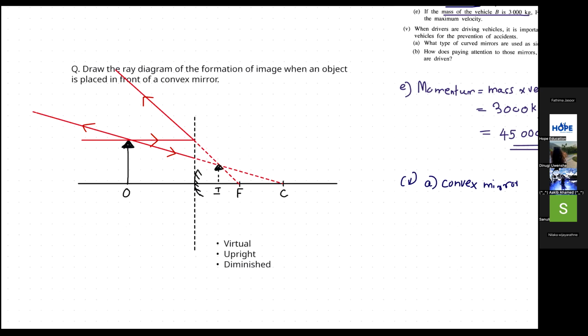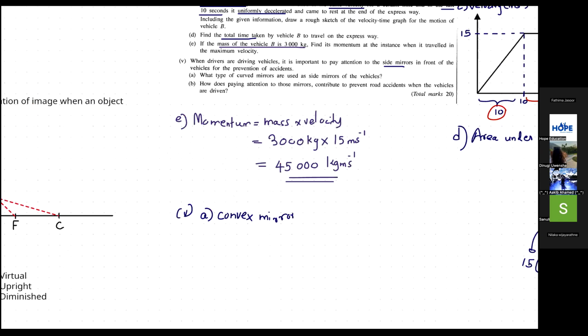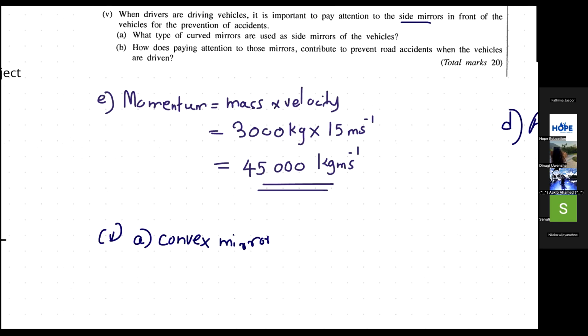It's the same in a convex mirror. The size of the objects looks small because it generates a diminished image, but we can see a large area around. So we put a convex mirror as the side mirror, because it can show you a larger area behind the vehicle.